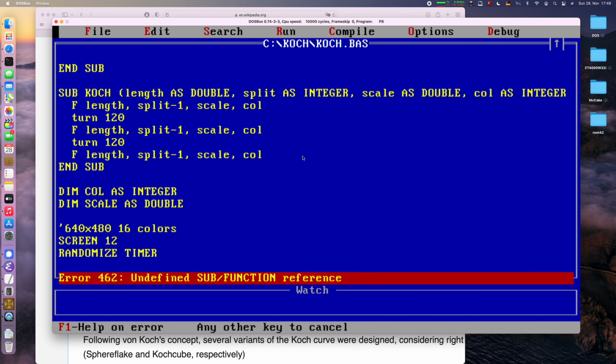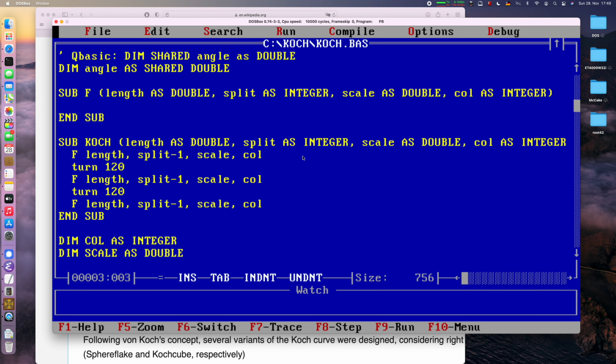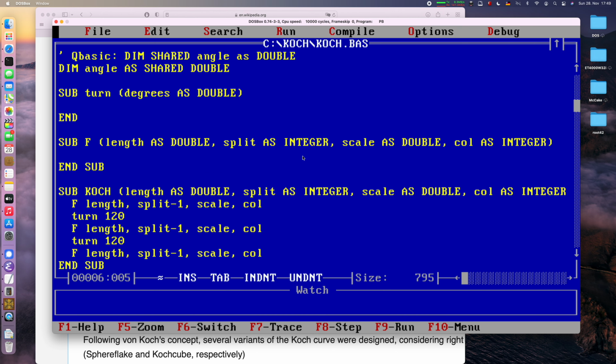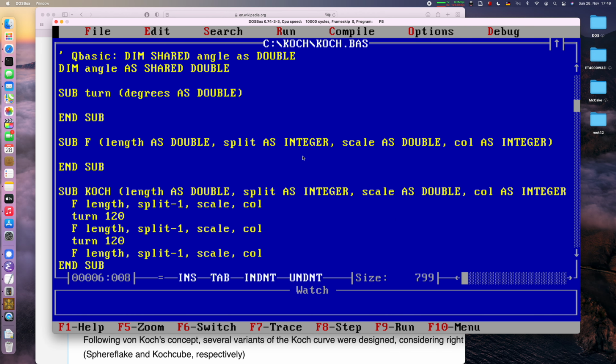Does it still compile? Okay, it does not compile yet, because we need to also have the turn function, which takes degrees as a double. And we will leave that empty for now. And it will compile, but it won't do anything. So let's implement f first before we do the turn.